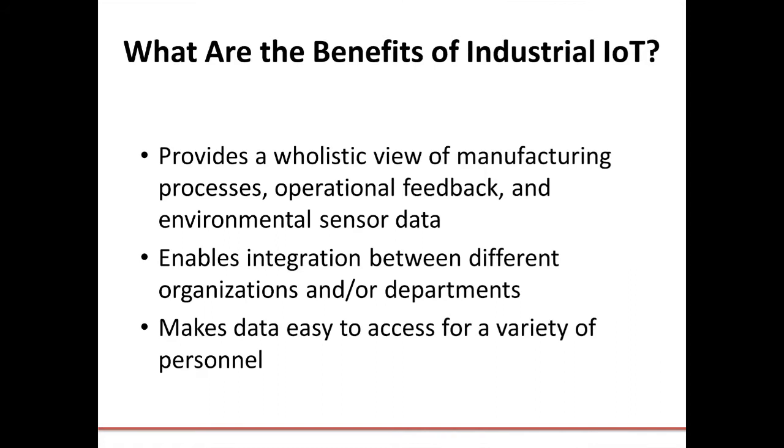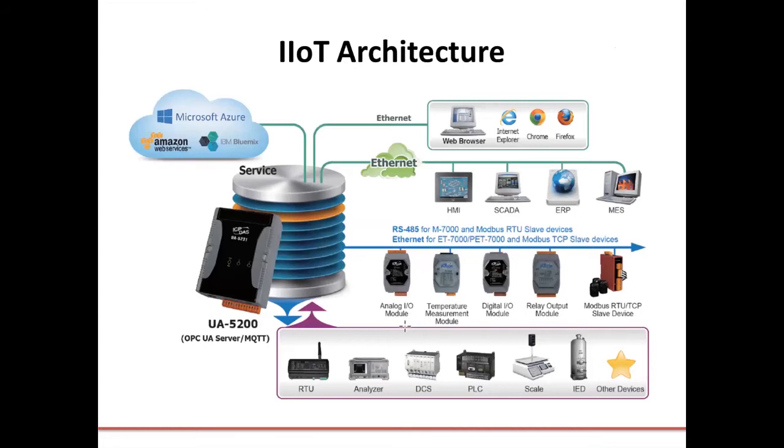So let's take a look at an example of IIoT architecture. This comes from an application example using one of our OPC servers, the UA5231. This model is slightly out of date now, but it provides a good example of how you can incorporate different networks and communication methods into the IoT platform.